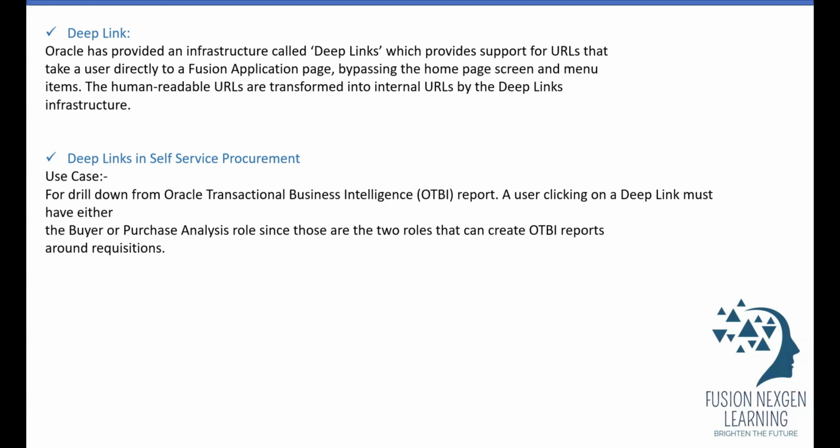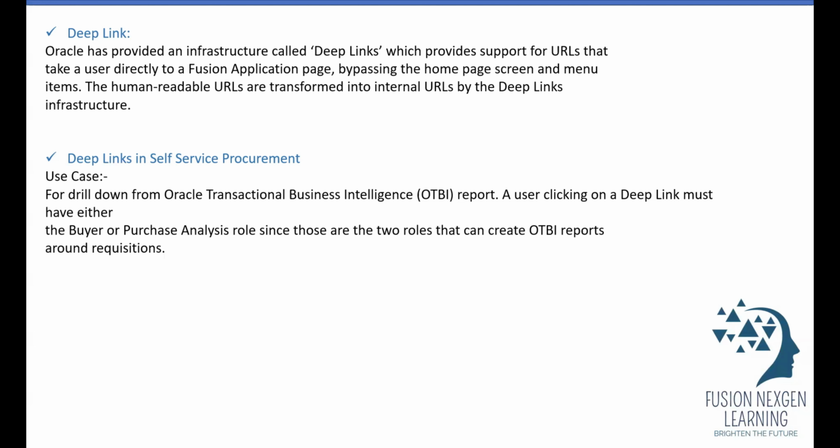What it means is that if the buyer has access as a buyer, they can have access to OTBI as well as to view the requisition. The data access has to be there. If they don't have the data access or the privilege, they won't be able to view the requisitions at all, so you have to take care of that.